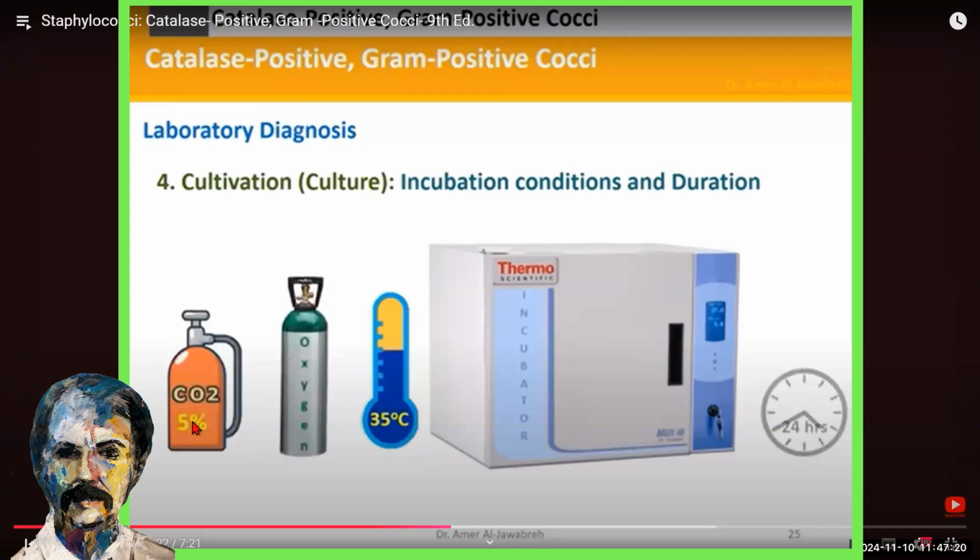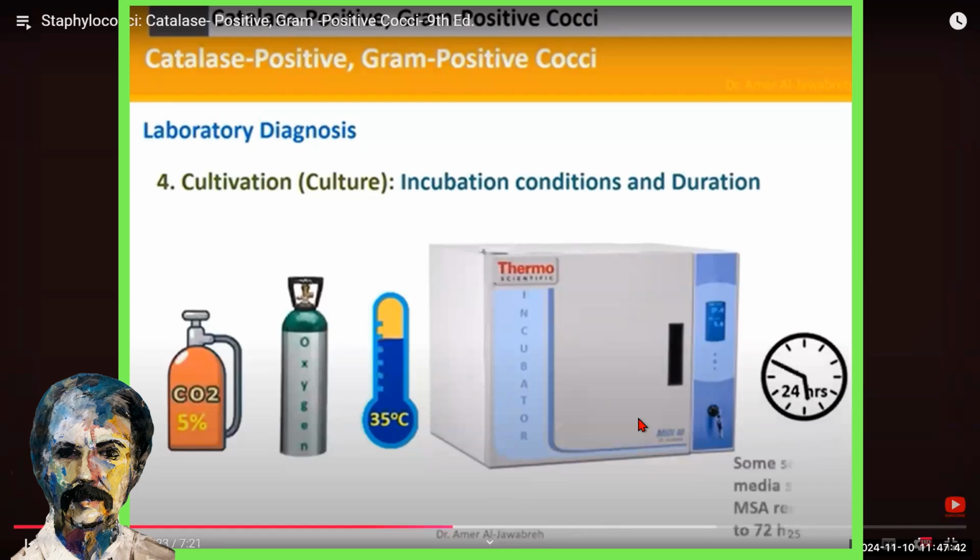It appears better. Even in anaerobic conditions, with no oxygen, hemolysis is displayed even better. And you need only 24 hours. Some selective media like MSA require more than 24 hours to give the color, because the color development is slow.